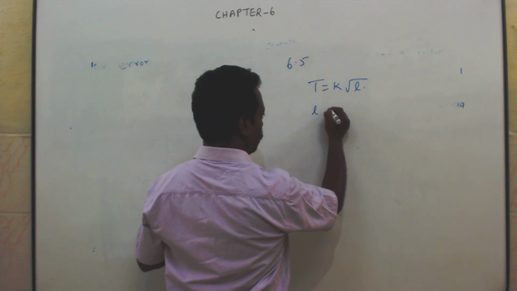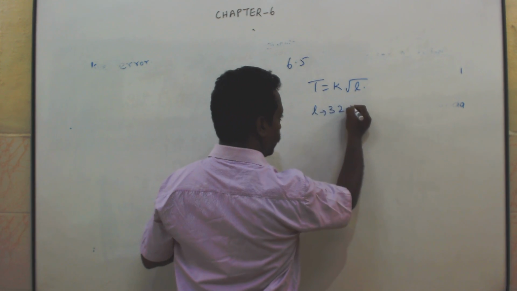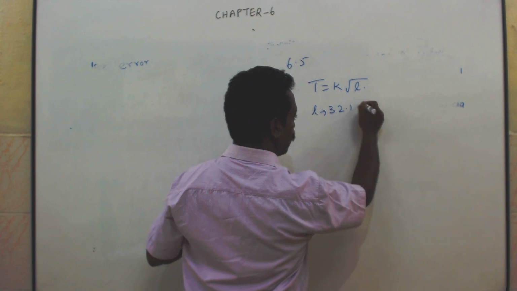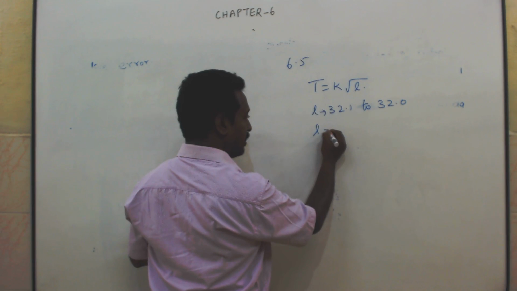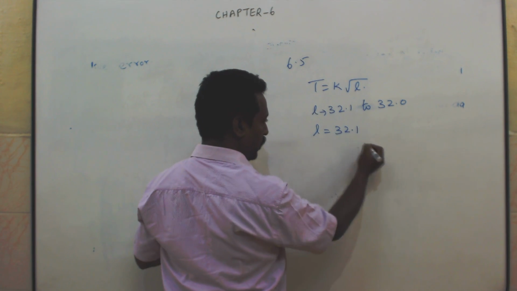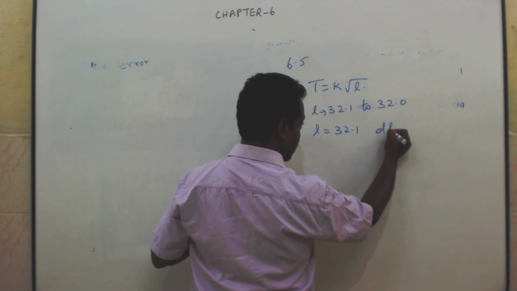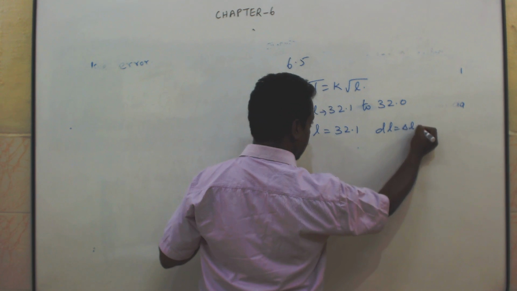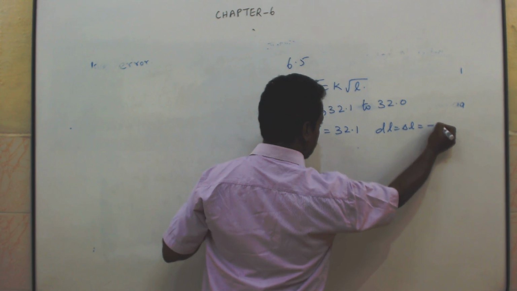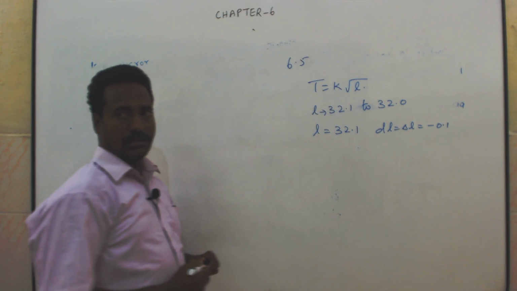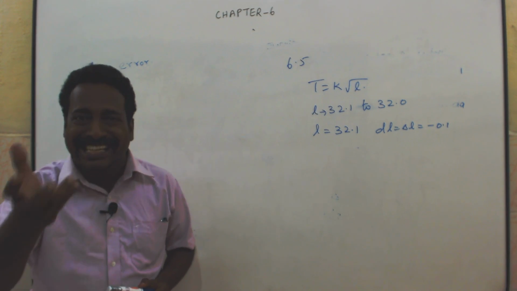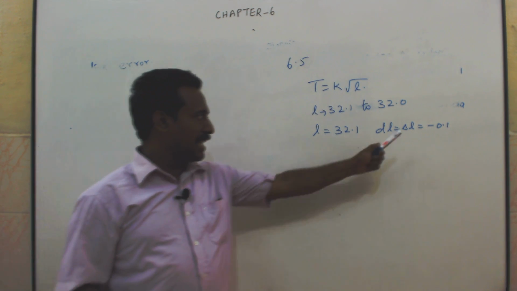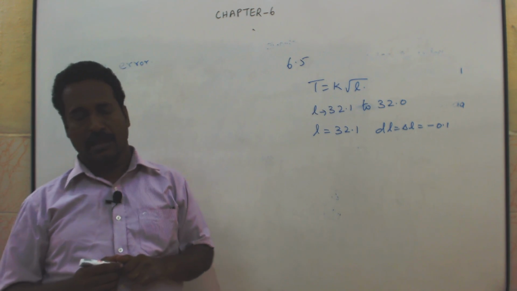L changes from 32.1 to 32.0. That means L is equal to the original length 32.1, change in length dl, that is approximately del L, is minus 0.1. From 32.1 to 32.0 it is a decrease. This minus stands for decrease.